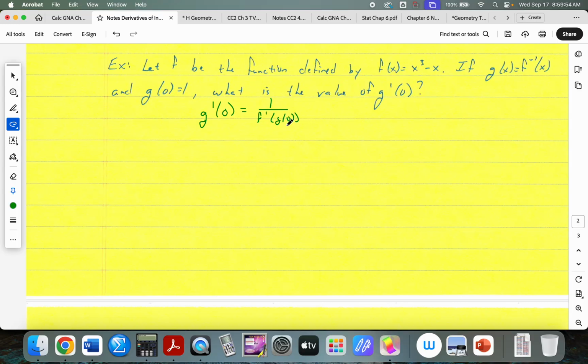So first we need to figure out what is g of 0. Well, it tells you right here, g of 0 is 1. So that's going to be 1 over f prime at 1. So that's going to be 1 over 3x squared minus 1 evaluated at x equals 1. So it's just a half.